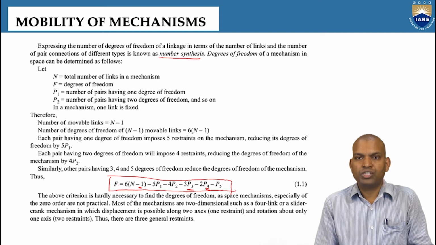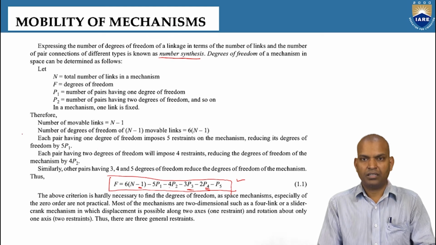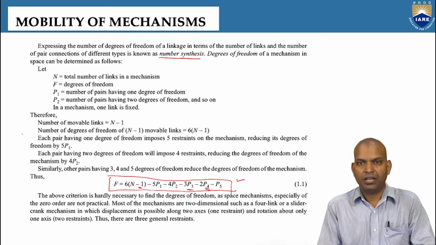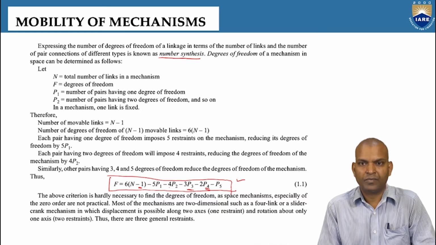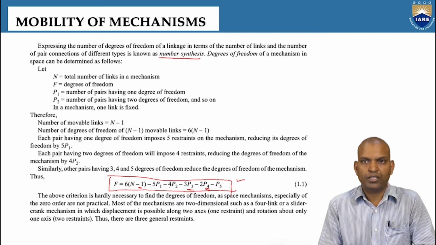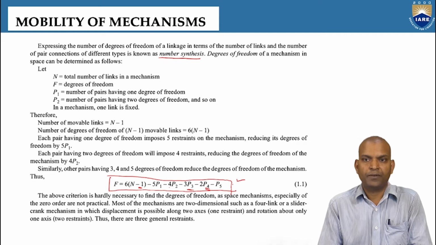Like that: F = 6(n minus 1) minus 5p1 minus 4p2 minus 3p3 minus 2p4 minus p5. This is the formula for a body in space, and the degrees of freedom of a mechanism in space can be determined using it.